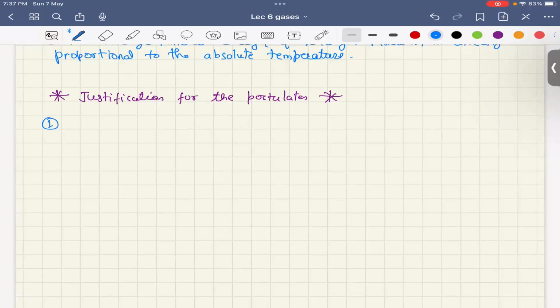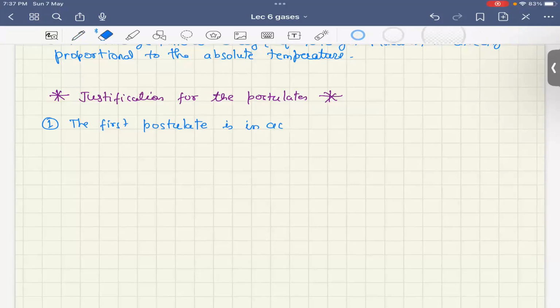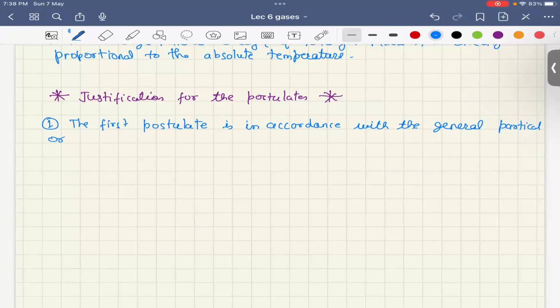This postulate is in accordance with the general particle or molecular nature of matter.